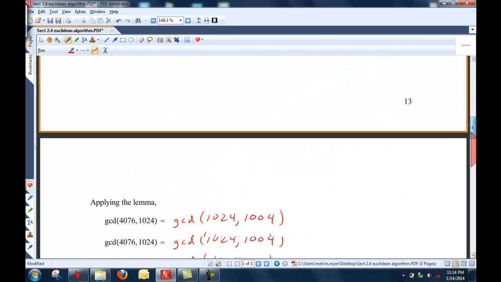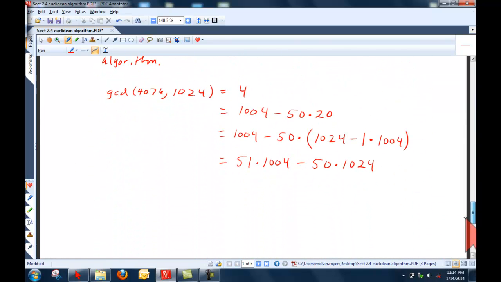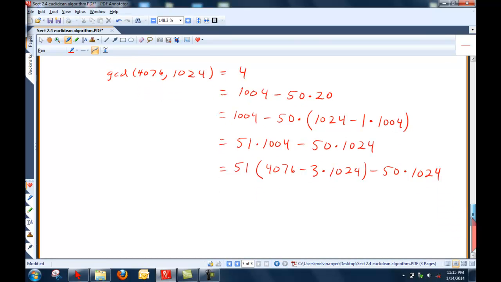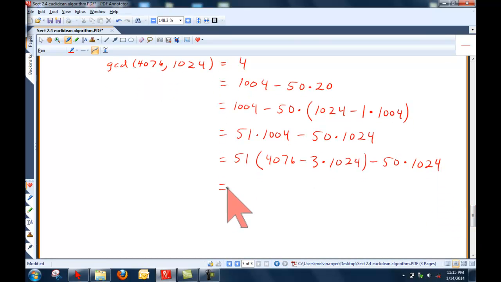Let's do another substitution stage. This is 51 times 4076 minus 3 times 1024 minus 50 times 1024. That was a substitution stage. Now let's do a simplification stage.